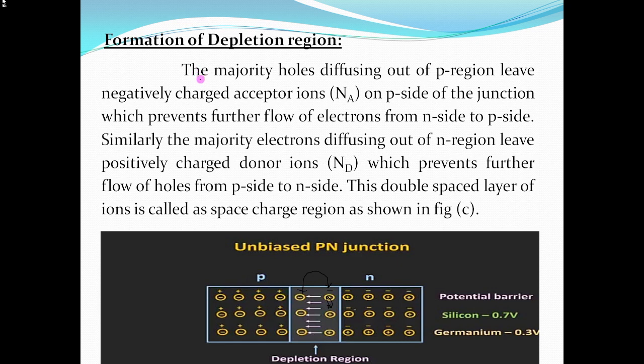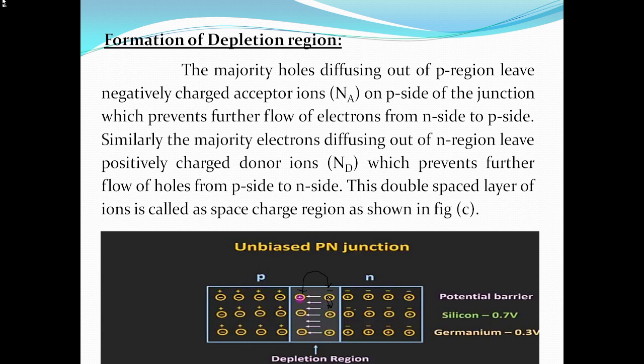The majority holes diffusing out of the P region leave negatively charged acceptor ions. Electrons combine with holes and holes recombine with electrons, and they are converted into light or heat depending on the semiconductor.